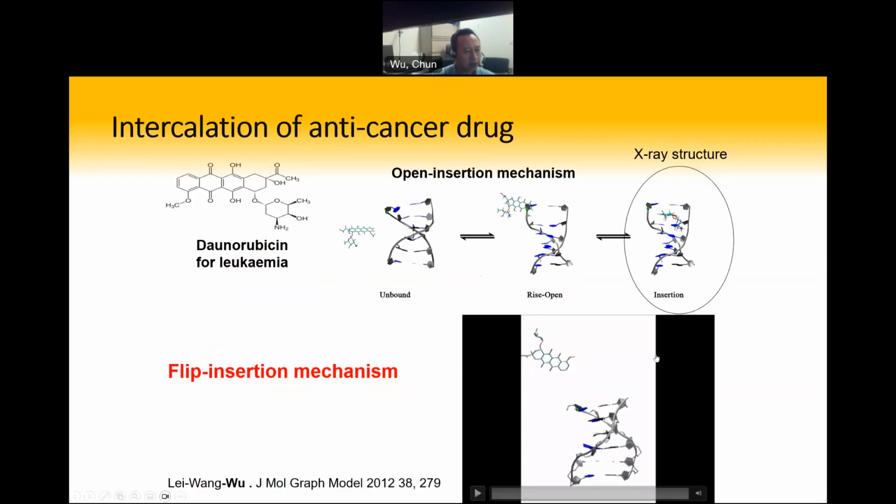I also simulated the interaction between a drug and its drug target. In this case, this is a first-line chemotherapy drug, and it works by inserting into the double-strand DNA and locking the genetic information. From the simulation, we can see how the drug inserts into the drug target.